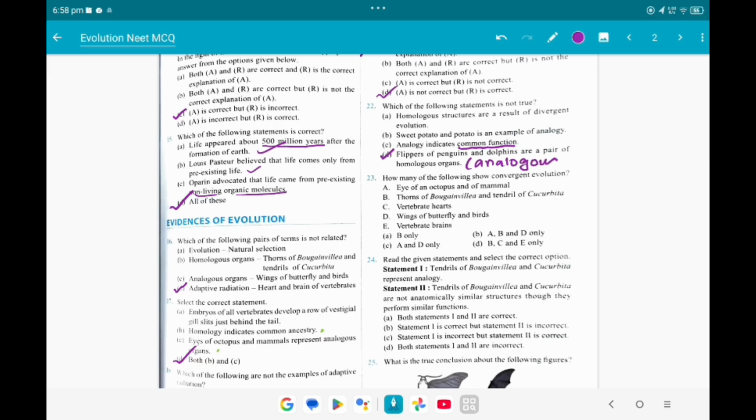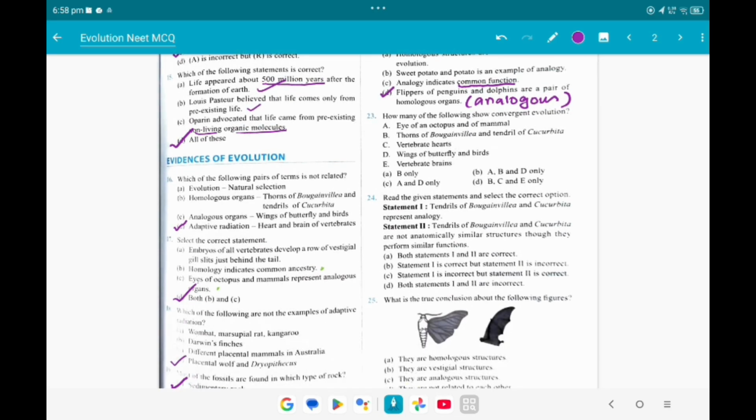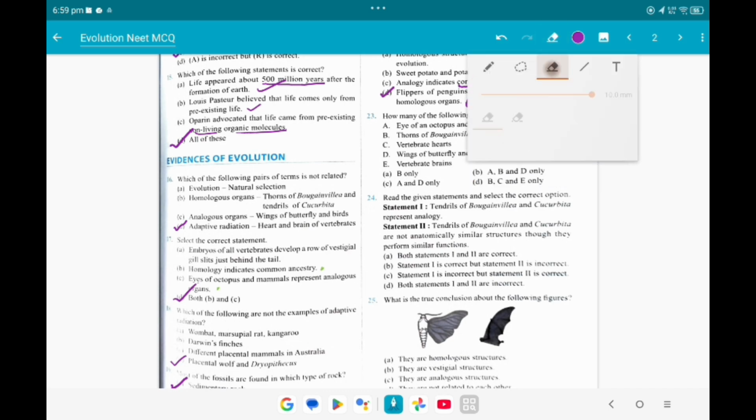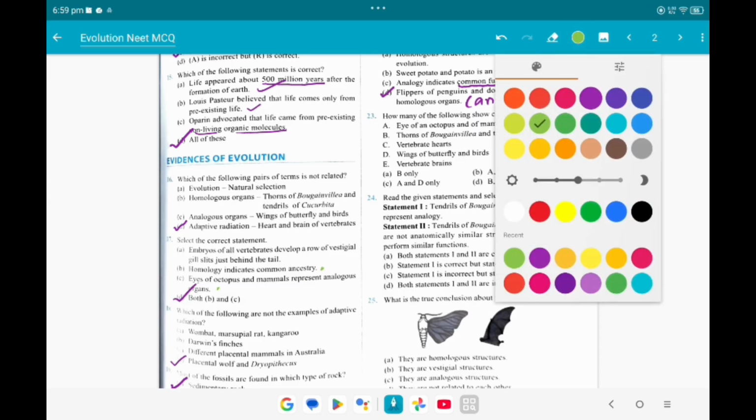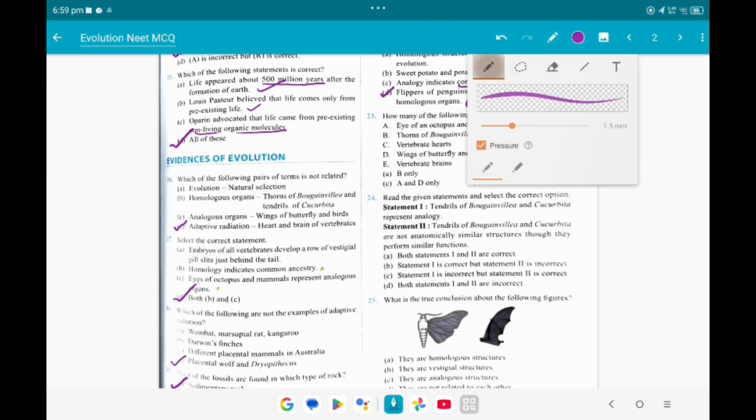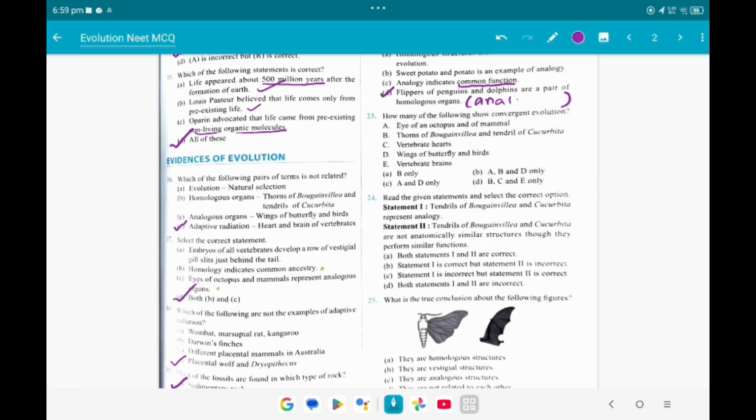Okay, now question 23. How many of the following show convergent evolution? Eye of an octopus and mammal, they show convergent evolution. Yes, this is correct. Analogous.